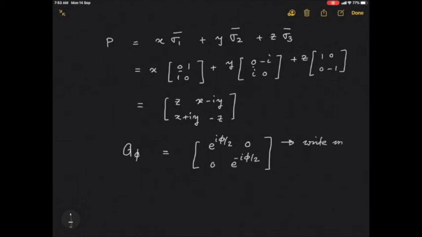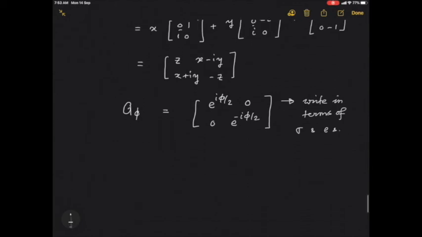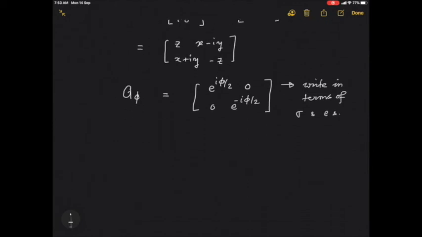So try to write this in terms of sigma and E. So Q theta, for example, this is easy, so I'll do that.